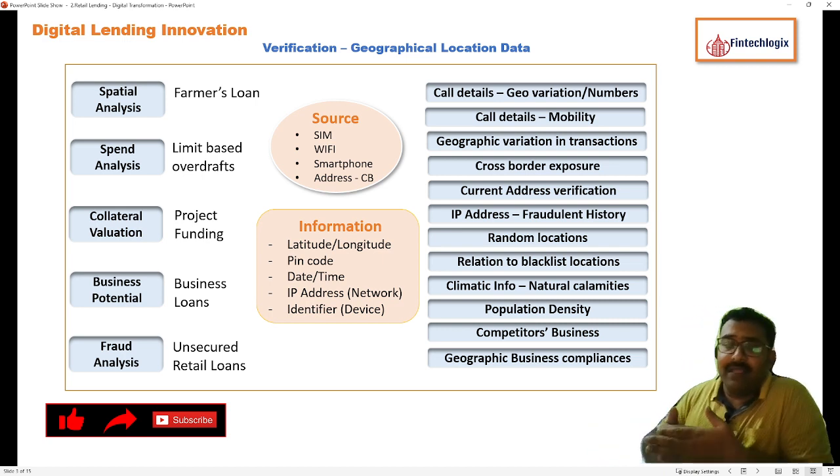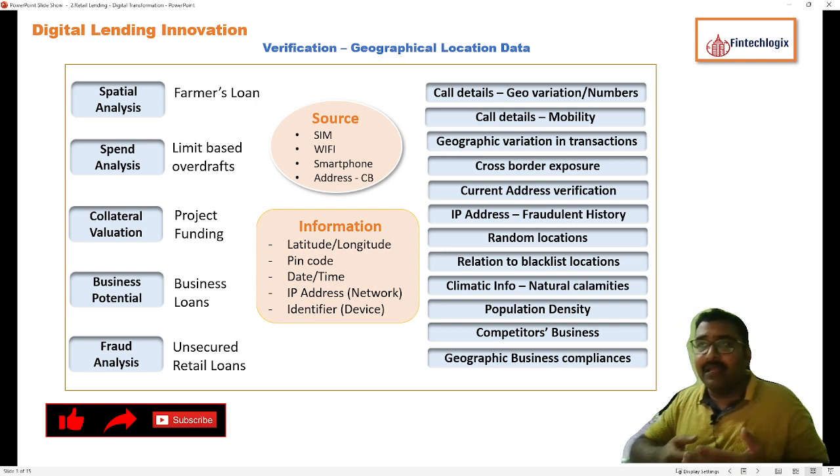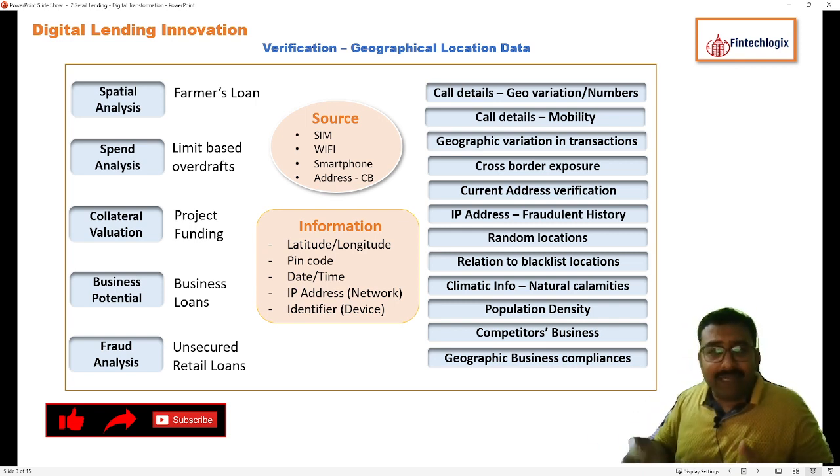And even if we do spend analysis, then the location of the different kinds of spend that the customer is making is used as a parameter.